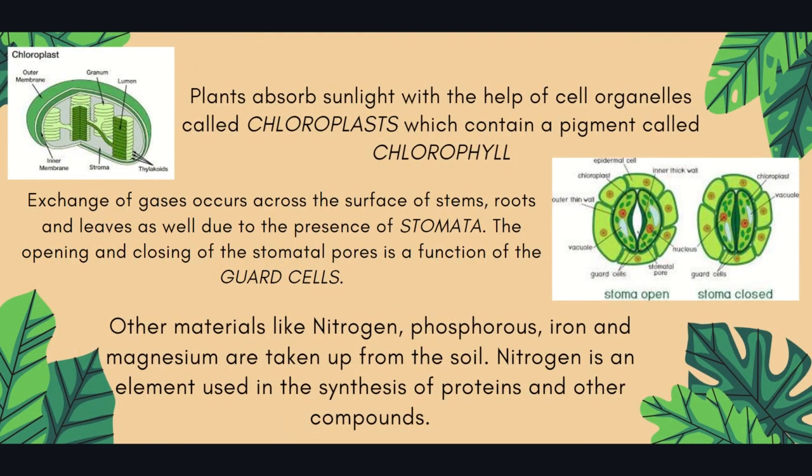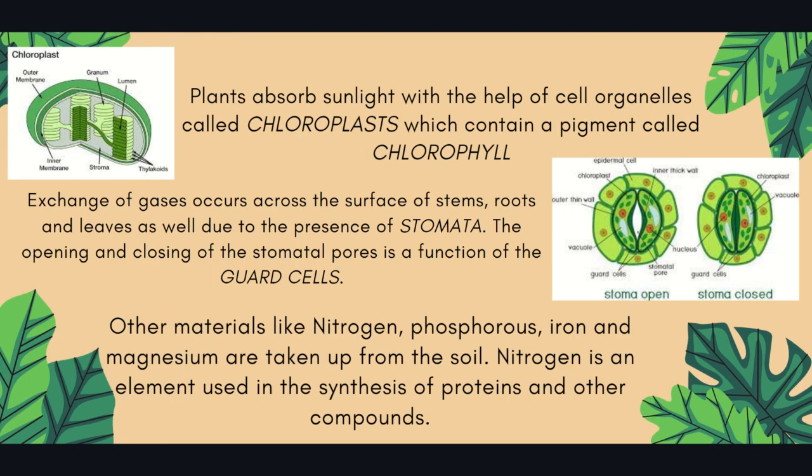So we have specialized cell organelles in plant cells called chloroplasts, which contain a green pigment called chlorophyll. We have also studied it in class 9th, and this is basically the structure of chloroplasts. Plants absorb sunlight with the help of chloroplasts.